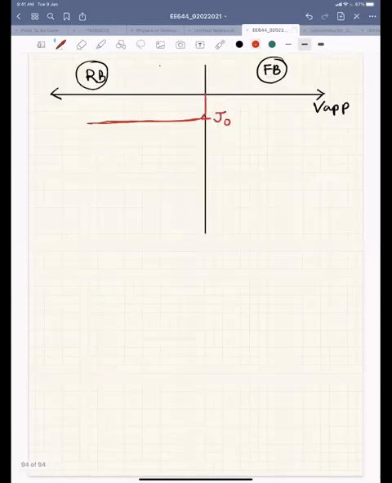Okay, so this is an ideal case, but as you go on increasing the reverse bias, at some point your current will increase. We call it breakdown. We'll discuss in detail the breakdown voltage of the diode.